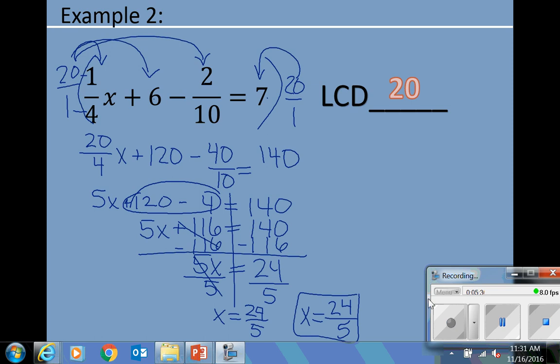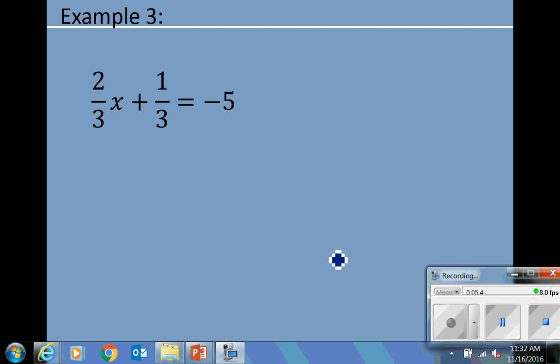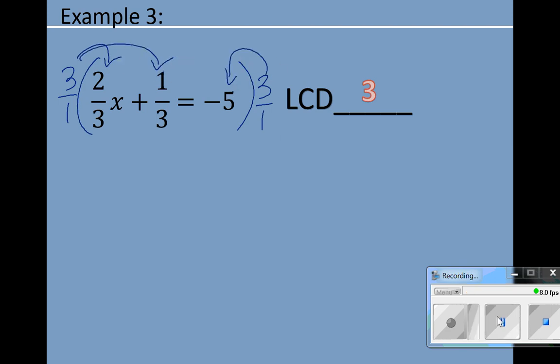Here is example 3. 2/3 x plus 1/3 equals negative 5. Go ahead and see if you can figure out what the LCD would be. Because the denominators are all the same number, the LCD is going to be 3. Parentheses, let's multiply everything by 3, which means we're going to multiply 1, 2, 3 times.